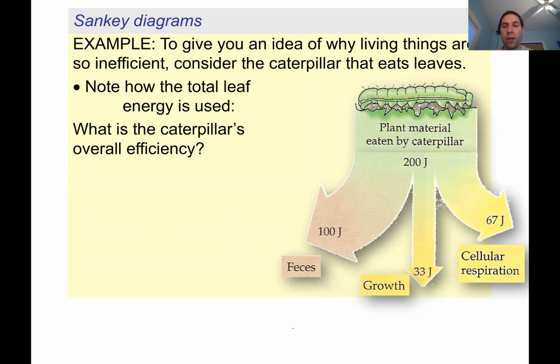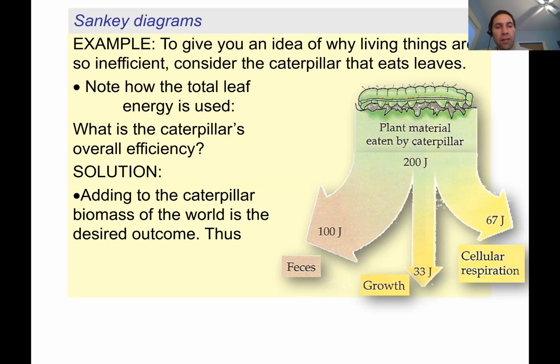Here's an example from biology. Consider a caterpillar that eats leaves. Notice the plant material eaten by the caterpillar, it's 200 joules that it consumes. And the question is, what is the caterpillar's overall efficiency? Well, efficiency here also means what goes to help the caterpillar grow.